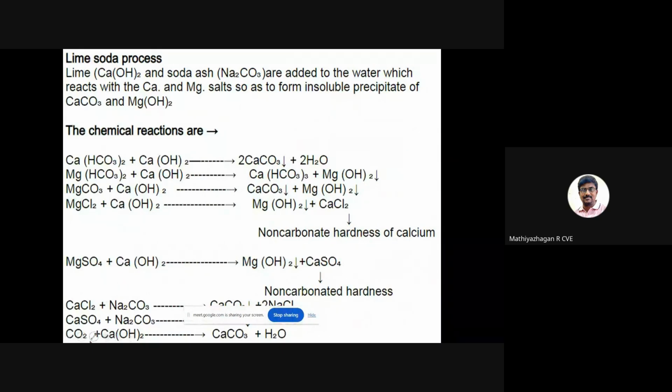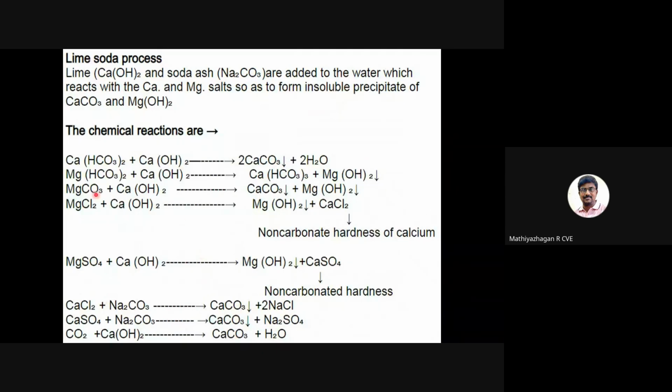Then this calcium permanent hardness reacts with sodium carbonate, that is soda, and is converted into calcium carbonate precipitate.